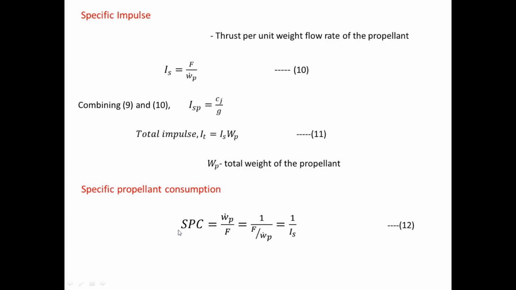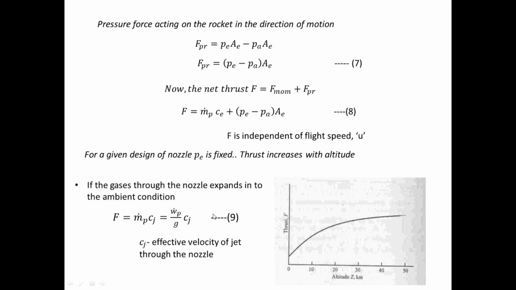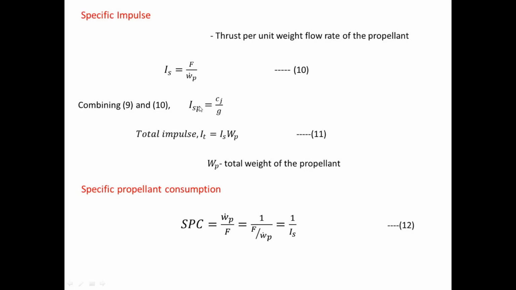Now the other terms, that is the specific impulse. We have already seen what is meant by specific impulse: the thrust per unit weight flow rate of the propellant. So Isp will be calculated using the equation F by W dot p, that is the weight flow rate of the propellant, where F is the net thrust produced. So combining equations 9 and 10, Isp will be equal to Cj by g.